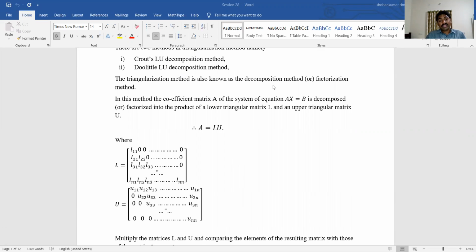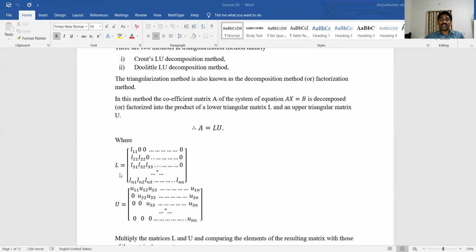In this method, the coefficient matrix A of the system of equations Ax = B is decomposed or factorized into the product of a lower triangular matrix L and an upper triangular matrix U. Therefore, A can be written as A = LU. Here L is a lower triangular matrix and U is an upper triangular matrix.